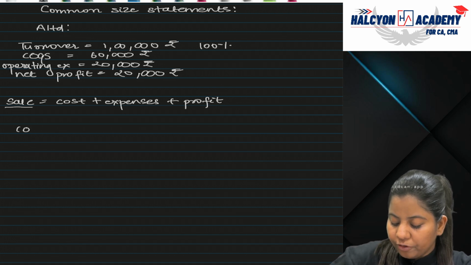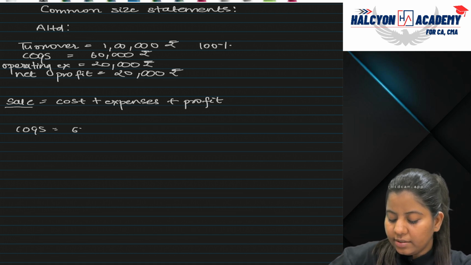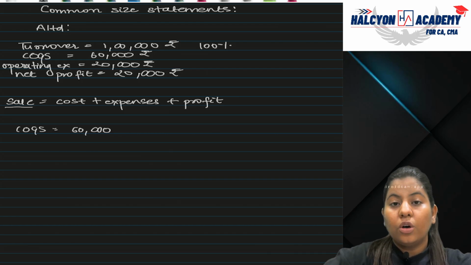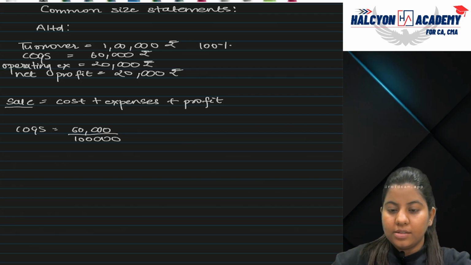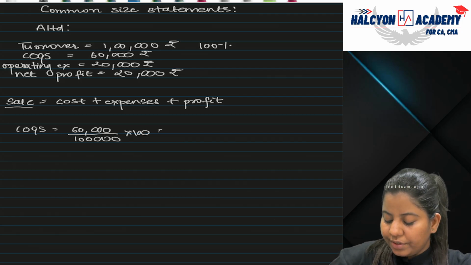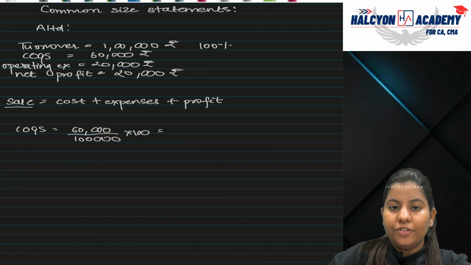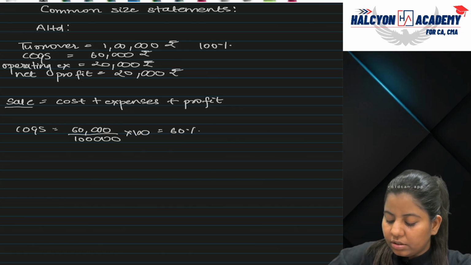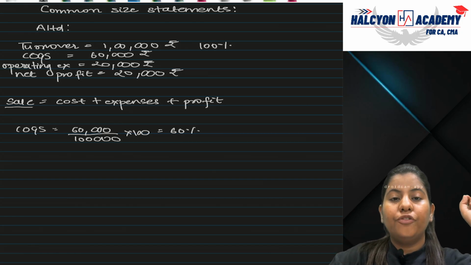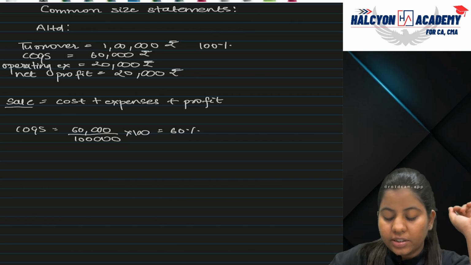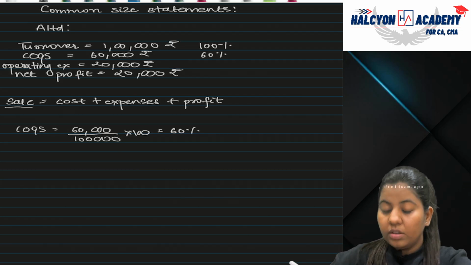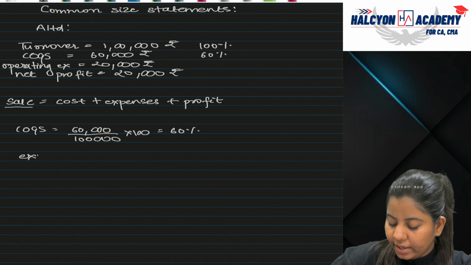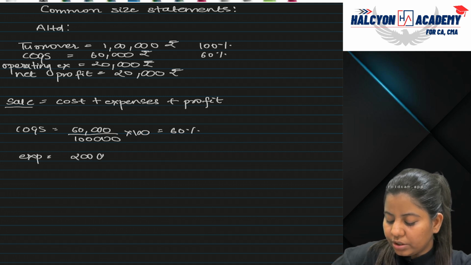Now for cost of goods sold, it is 60,000, right? Cost of goods sold is 60,000. Take turnover as base, that is 1 lakh rupees into 100. So it will be 60%. The percentage of cost in sales is 60%. Then expenses, operating expenses, it is 20,000.